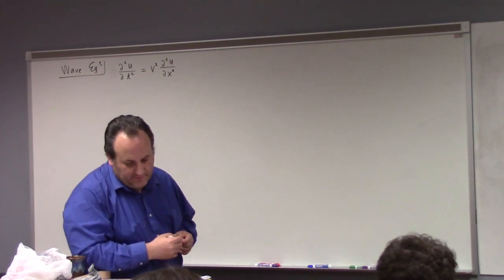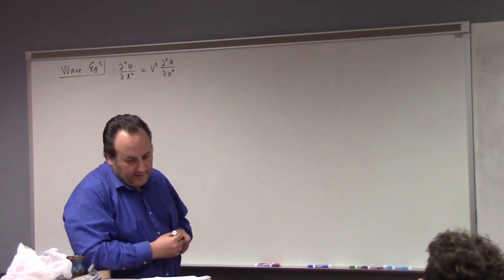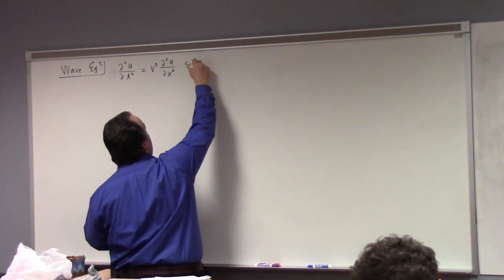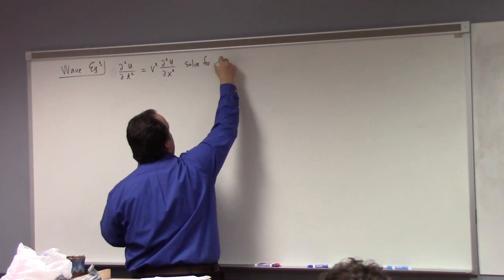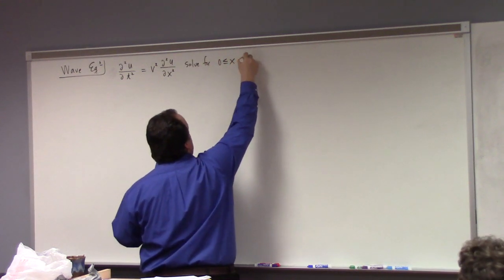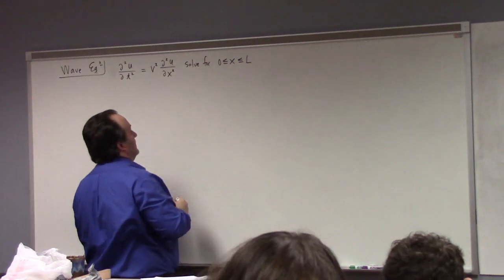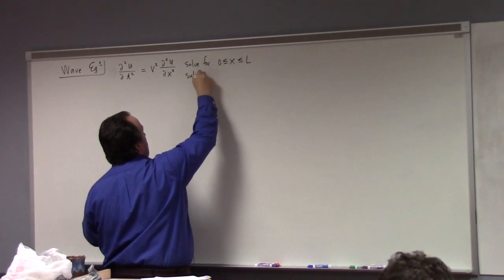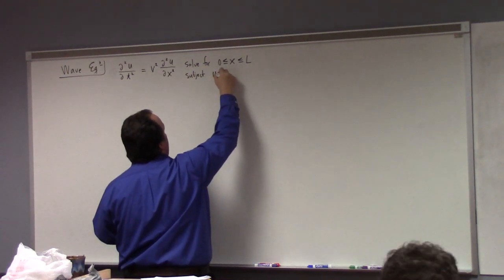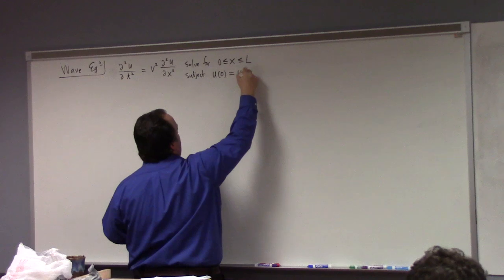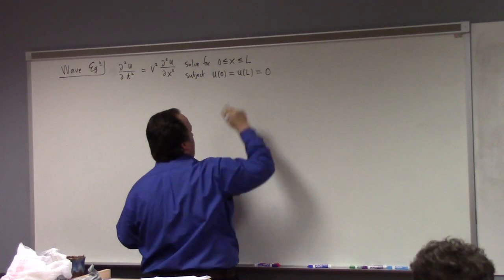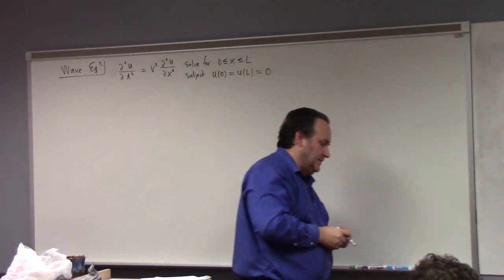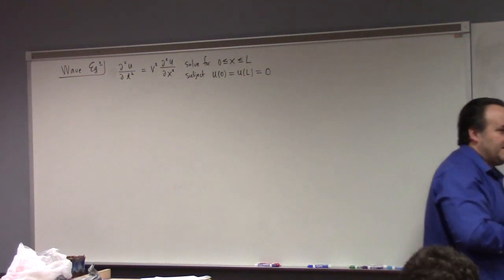And let's suppose that we're going to solve it on 0 less than or equal to x less than or equal to L, all right? And it's going to be subject to, let's say, u of 0 equals u of L equals 0. We have in mind that it has fixed endpoints.